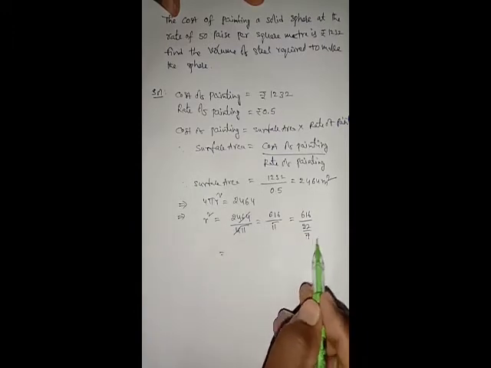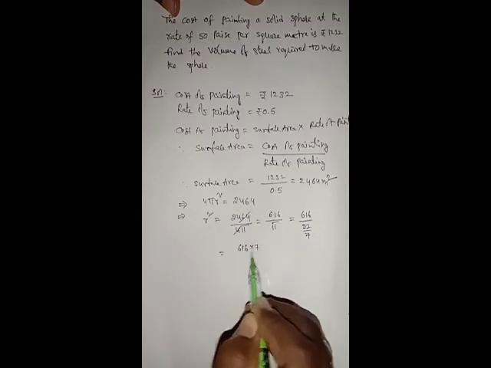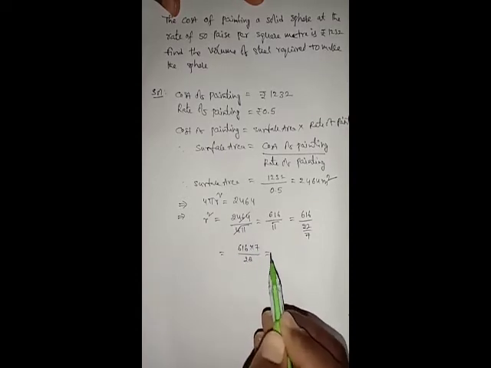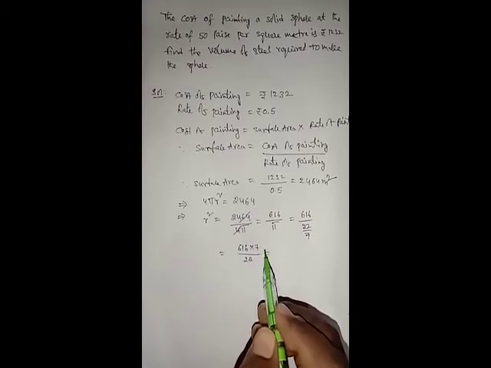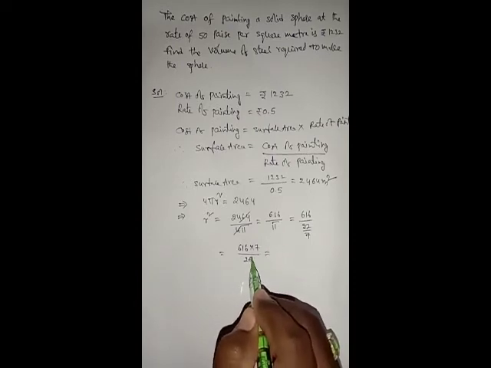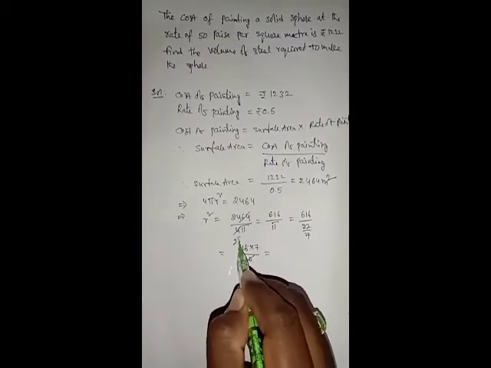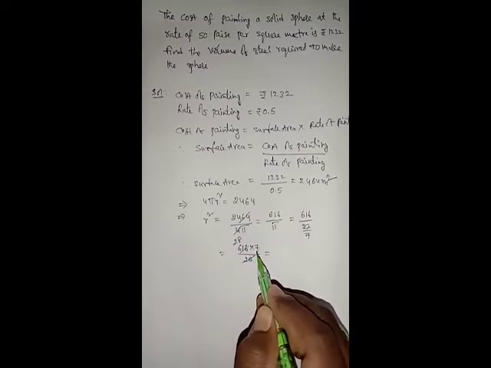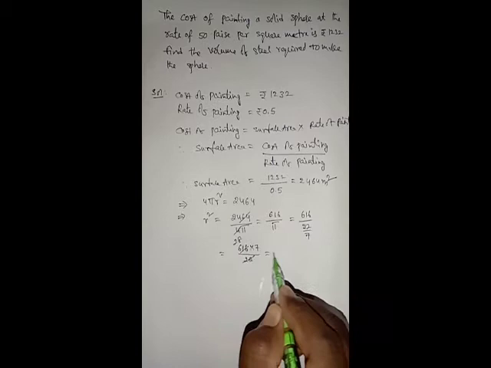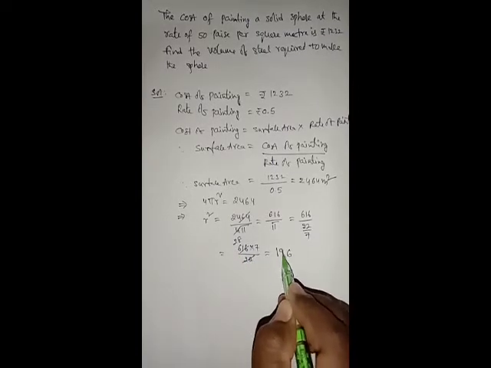Now take this denominator 7 to the numerator and multiply: 616 into 7 by 22. After simplification, what do you get? Look at the picture, children. 616 divided by 22 is 28, and 28 into 7 is 196.